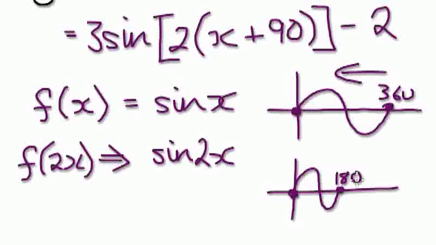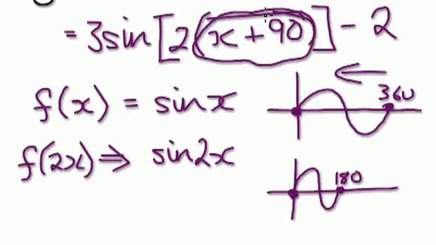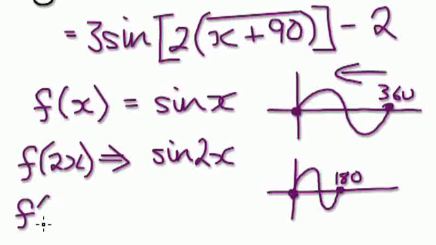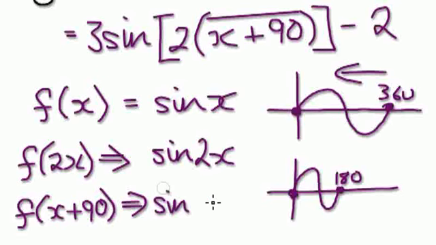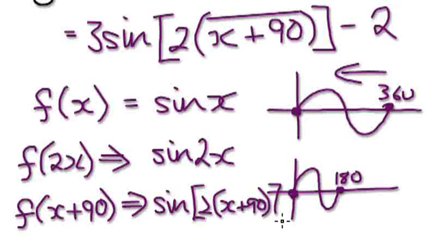Then our next transformation would be this bit here. It will be f of x plus 90, so that would give us sine 2 bracket x plus 90.